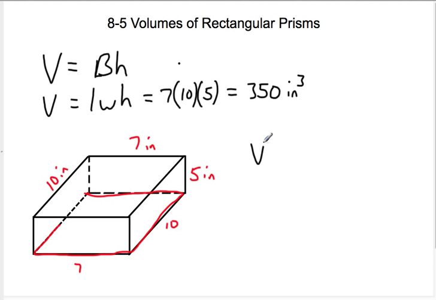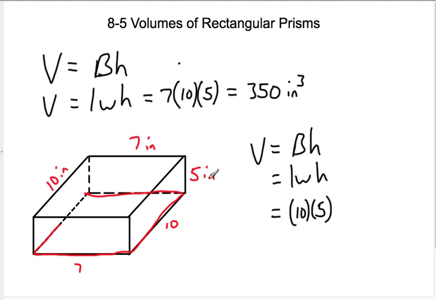So the volume would equal big B H, and big B in this case is a rectangle, so the area of that is length times width, times height for volume. So if you replace length and width with 10 and 5, 10 times 5, and then in that case, if this is the base, then 7 is the height. And notice what happens. 10 times 5 is 50, times 7 is 350.